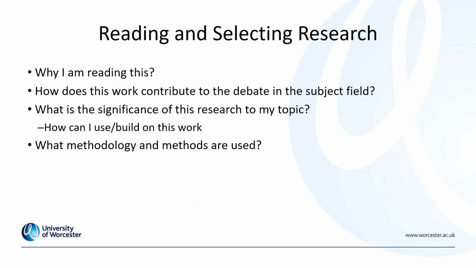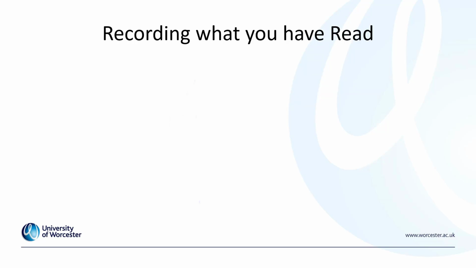And finally, consider how convincing the arguments are in the papers you're reading. All research has limitations, and if you find that the arguments put forward are not convincing due to limitations, you can highlight this as a gap which you might be contributing to with your research.